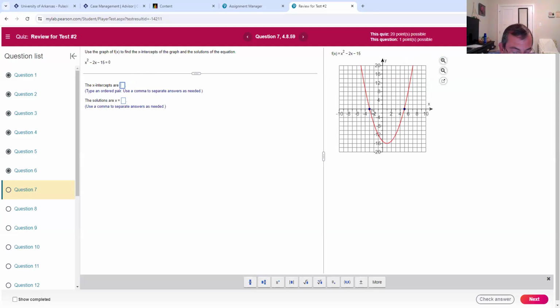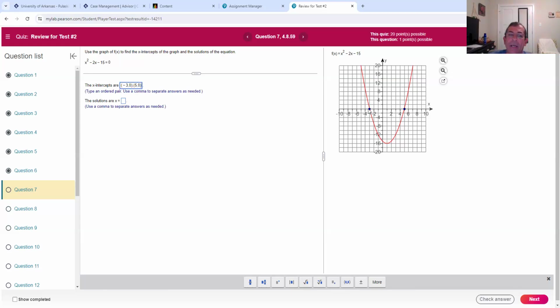So that ordered pair would be parentheses -3, comma 0, close parentheses, and then I would do a comma, open parentheses for the second one over here, and that looks like it's crossing the x-axis at 5. So that point would be 5, comma 0, close those parentheses.